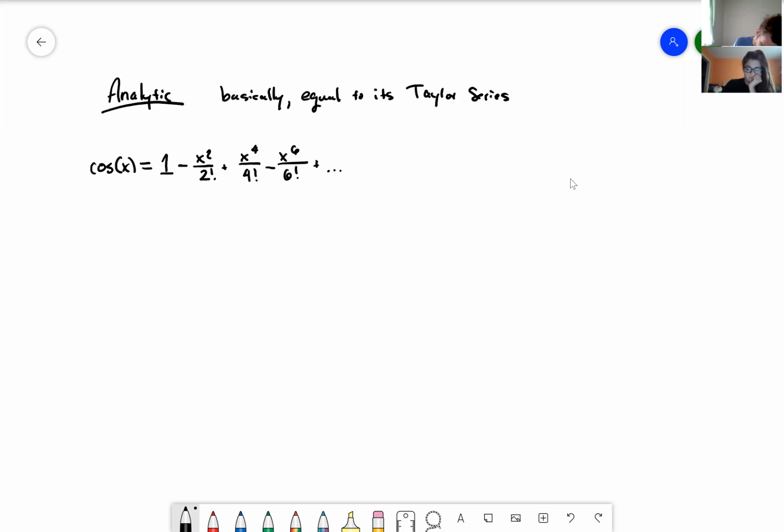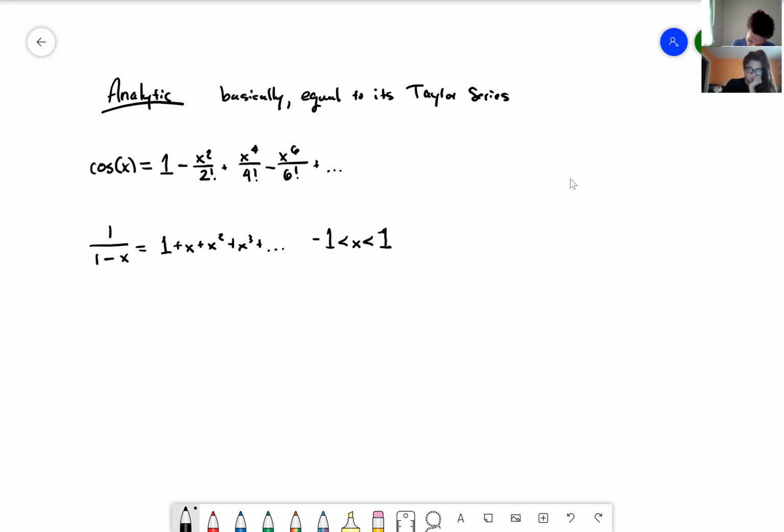Now, if we look at a different function, for example, 1 over 1 minus x, we saw that this was equal to 1 plus x plus x squared plus x cubed plus dot, dot, dot, but only for values of x between -1 and 1.